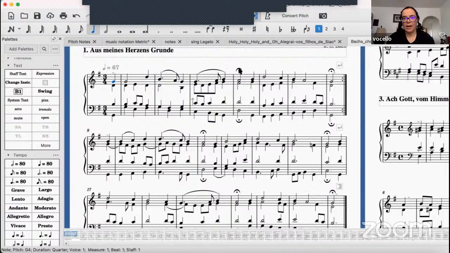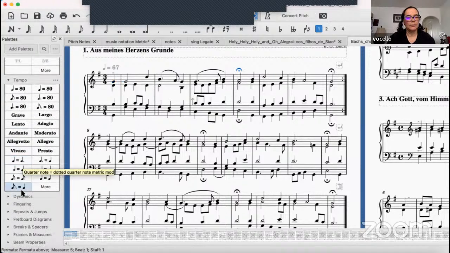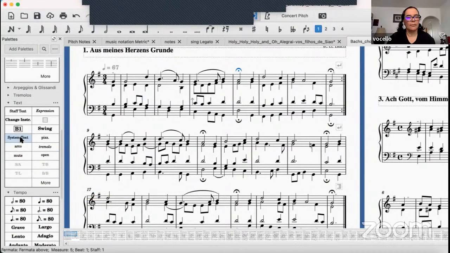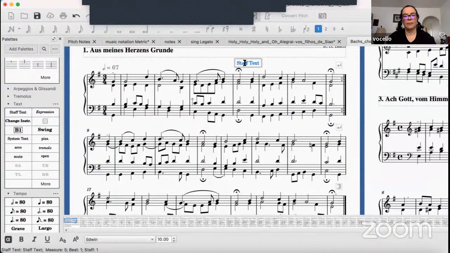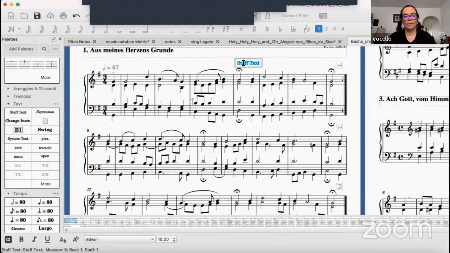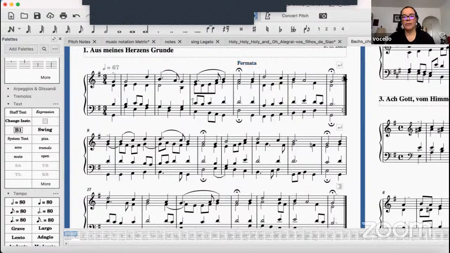So this is fermata. Let me write down the name here. Fermata. And here you have one thick line, double bar. This is double bar, and these two dots mean ritornello.